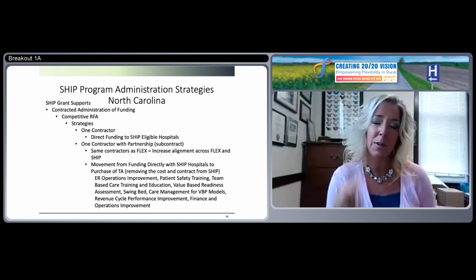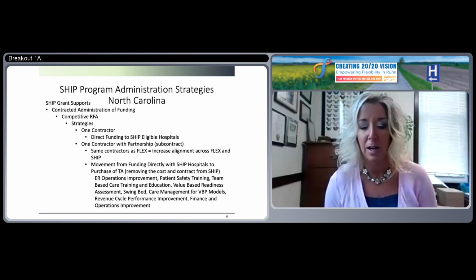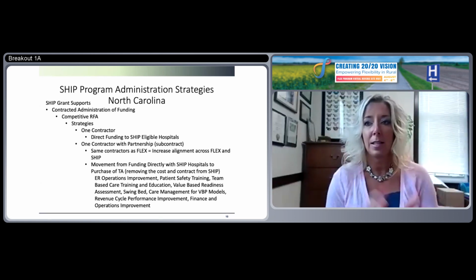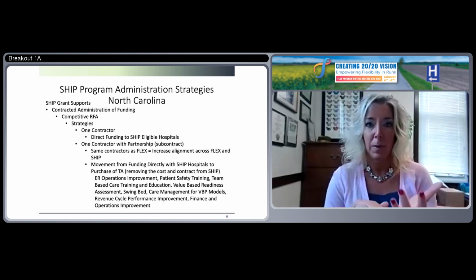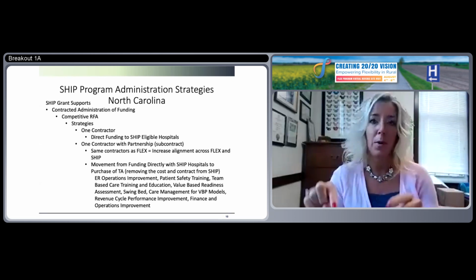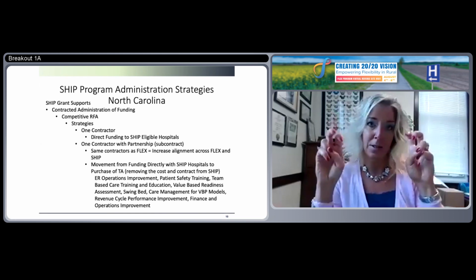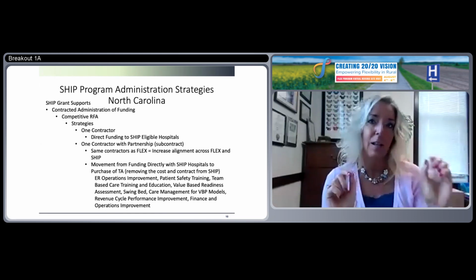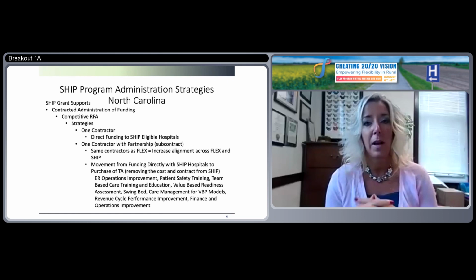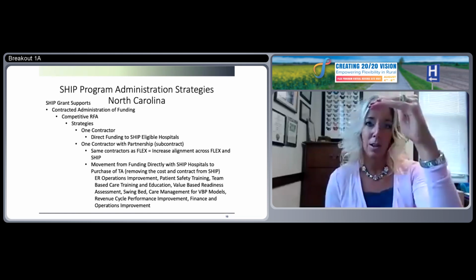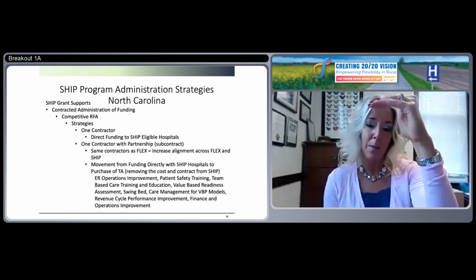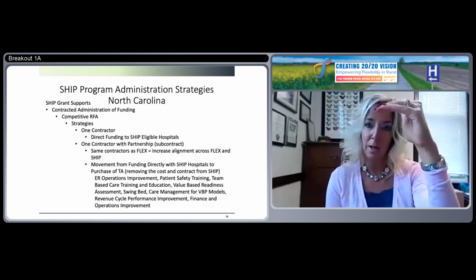The difference we've done with SHIP this year, and I don't know how it's going to go, but we're going to give it a shot, is instead of contracting and having the SHIP eligible hospital pick a project, spend the money, and send us a receipt, we have purchased technical assistance, kind of like you do with Flex, so that all the SHIP eligible hospital has to do is look at a menu, and the menu was on the slide of all the different projects they could pick.